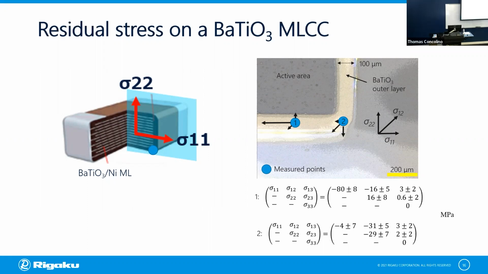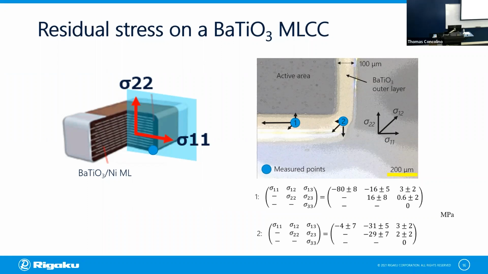On the image, I try to represent the stress by changing the direction of the arrow and also by changing the size of the arrow. For example, at number 1, the residual stress is negative 80, plus or minus 8 estimated standard deviation.